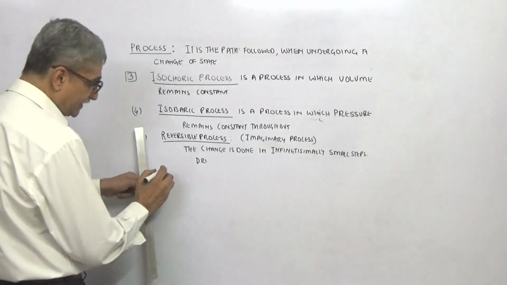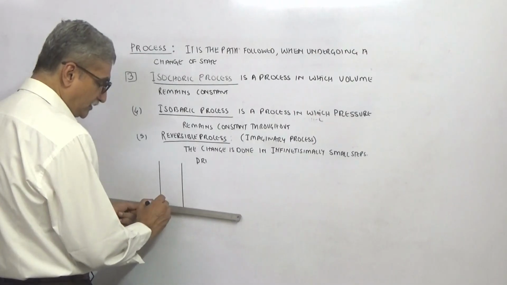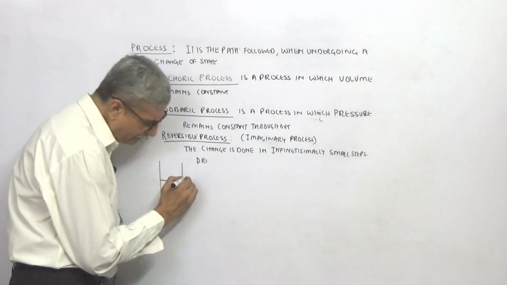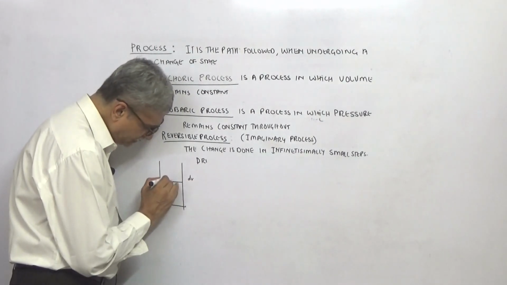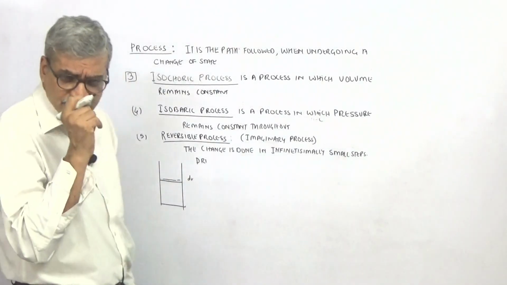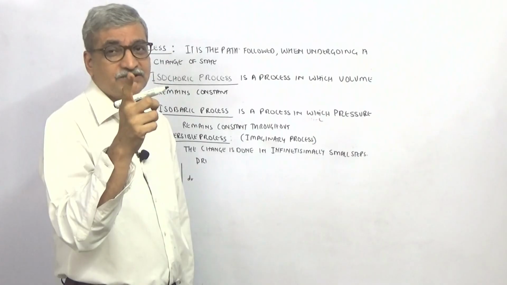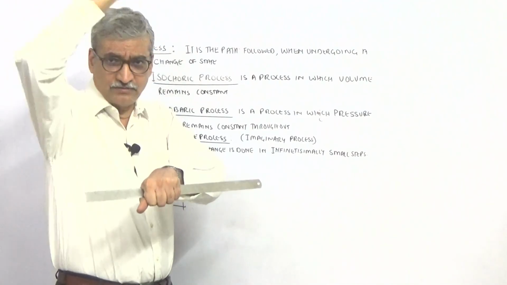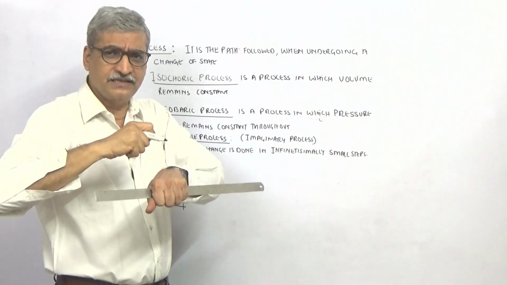Suppose I take a cylinder and a piston. I am making the piston move by a very, very infinitesimally small distance. So volume change is dV. Even at this infinitesimally small level, there is a change in volume, because that change in volume represents work. For the piston to move, work was done.